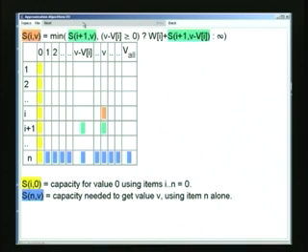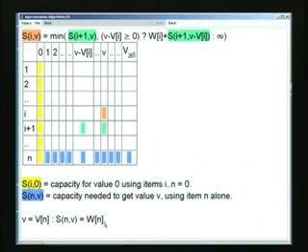What kind of values can you get? Well, clearly if this v happens to be v of n, then you can do that using just a single item. So that would mean that if v happens to be v of n, then the least capacity knapsack that you would need would have to have capacity w of n.